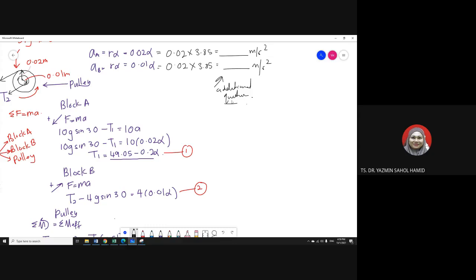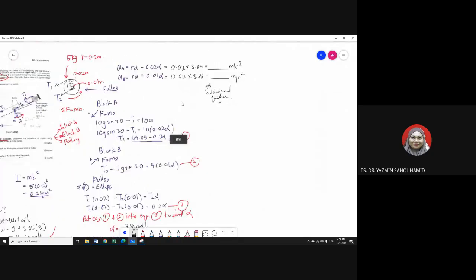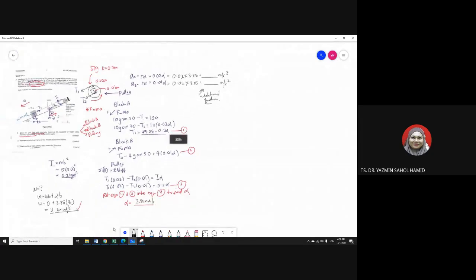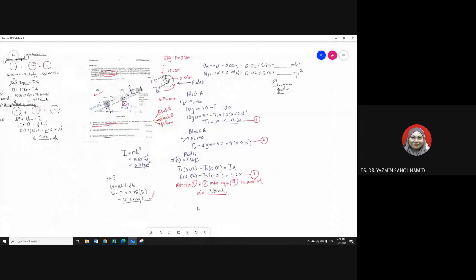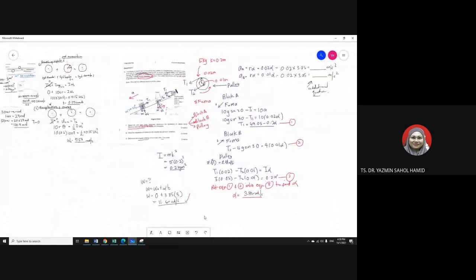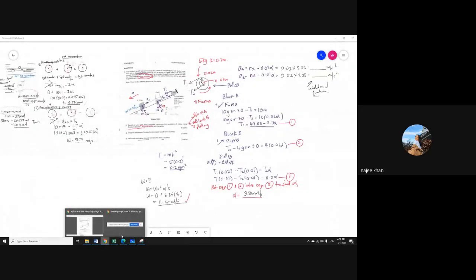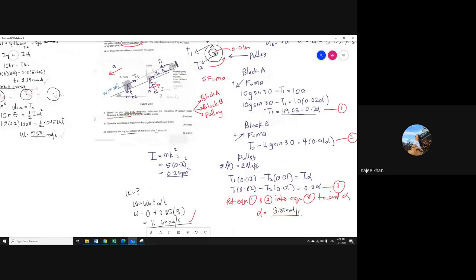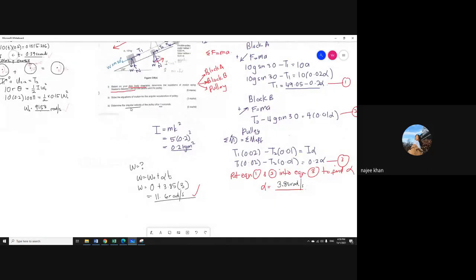Okay, is that fine with you? Yes, Doctor. Okay, so we have done that question. Question 2, the acceleration of the pulley, how is that? Which one? The acceleration of the pulley? Here, solve the angular acceleration.